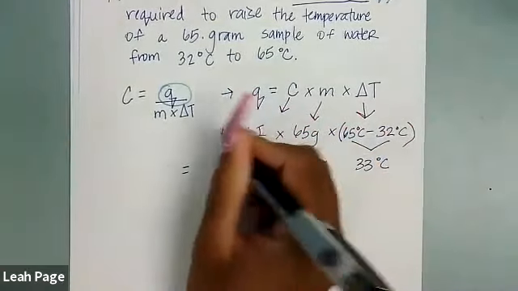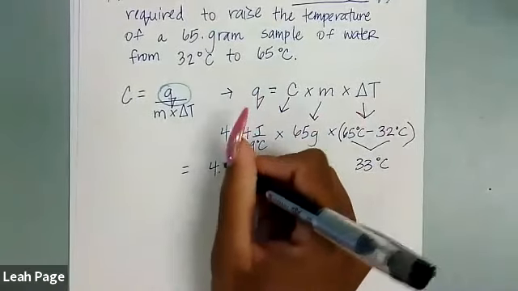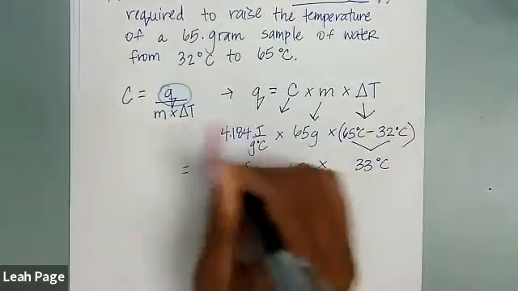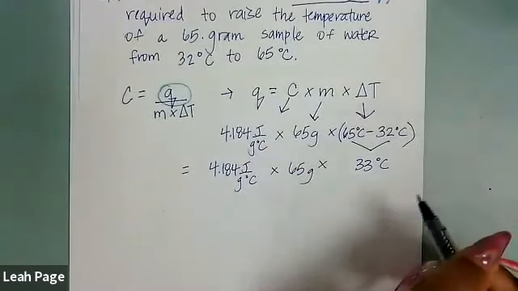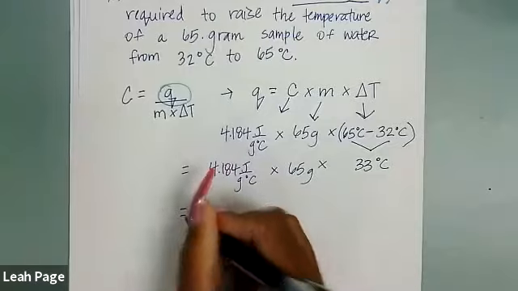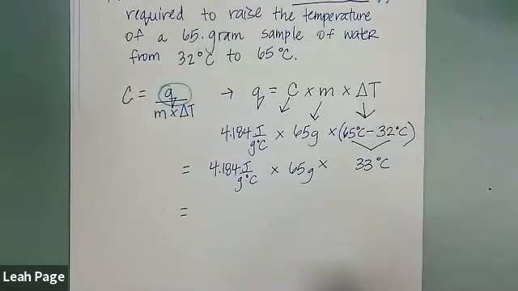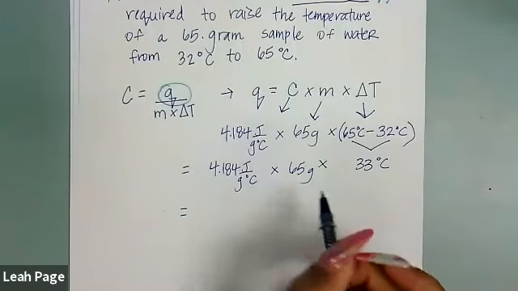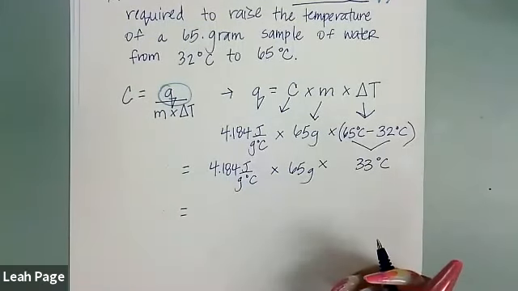And then the 4.184 is an exact number, so I do not have to worry about its sig figs. So you guys tell me, how many sig figs should I have in my answer? 2. We see that we should have 2 sig figs in our answer. What's our answer with 2 sig figs?